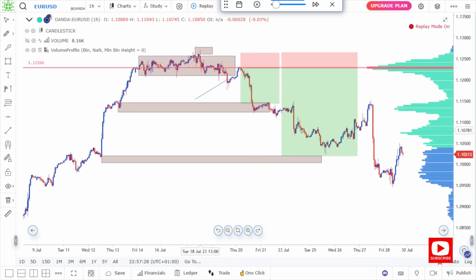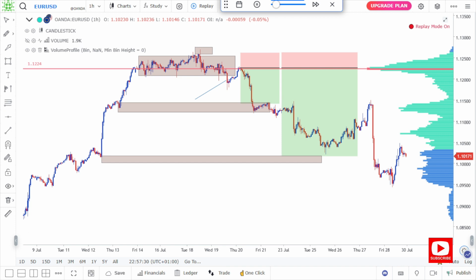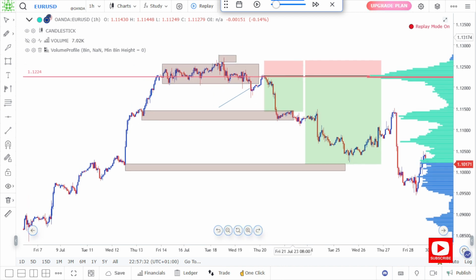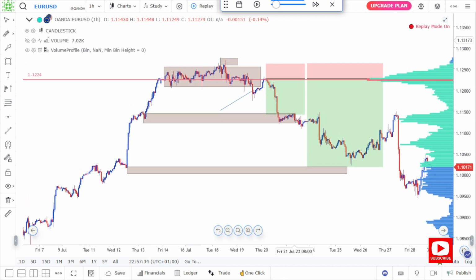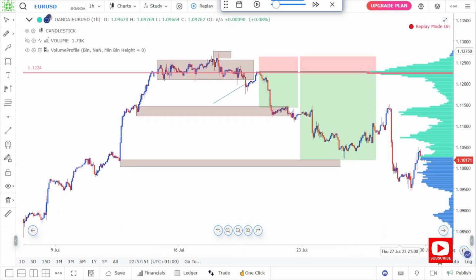So before we move on to the next pattern, let's quickly do a summary on what we learned in the consolidation box. First of all, for a consolidation box to be valid, it needs to have at least 6 touches, which is 3 up in the resistance and 3 down in the support. It has to have a clear breakout and a good retest, and it must have a large amount of volume in the box when it is broken.